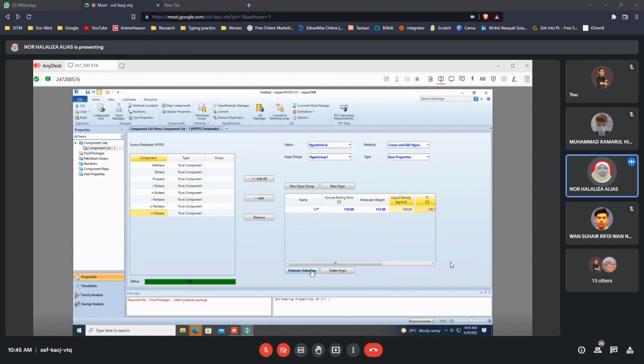Bila saya klik, dia akan auto calculate. You boleh tengok dia dah already fill out. Liquid density, TC, PC, VC, eccentricity. Okay, kelas? Boleh sampai sini?